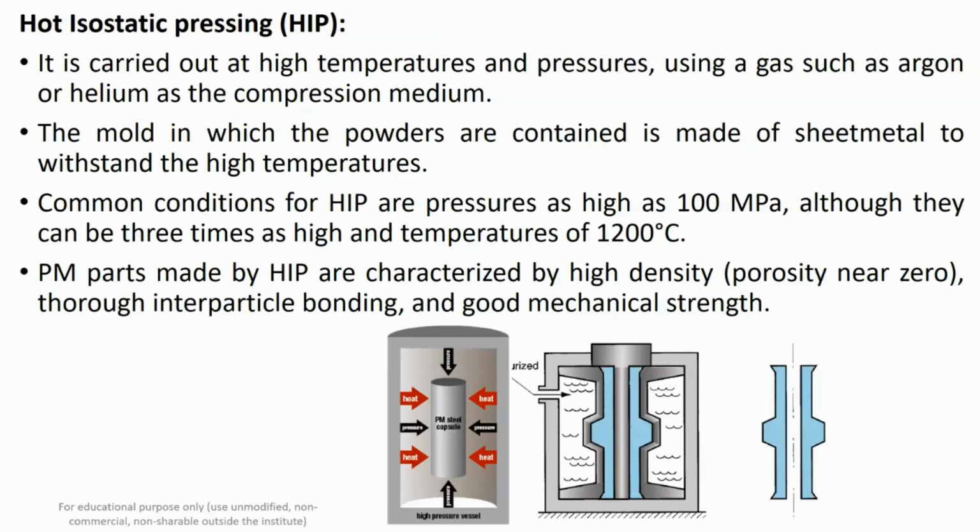We cannot say that it is zero, but you can achieve density up to 98%, 99%, and there is proper interparticle bonding, and the result is that you have a good mechanical strength as compared to the cold isostatic pressed part. So this is a very short description about hot isostatic pressing and cold isostatic pressing.